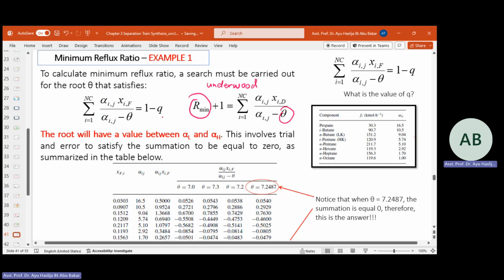Where does theta come from? From this equation. Once you get the theta, then you input it in the Underwood equation. Okay, these equations are related. Now, the first step is to find the theta from this equation.